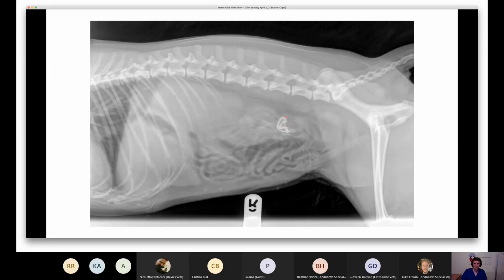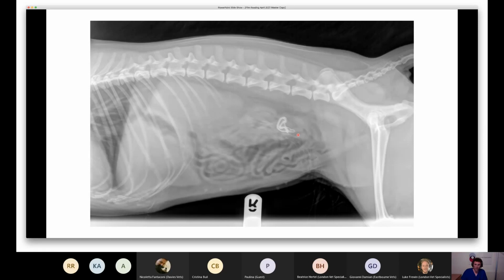I mean, it's almost more opaque than the bone. So it's getting towards being as opaque as barium or having a metallic opacity. And that's because that's the contrast that's been included in the swab to make it really obvious on radiographs. So that's pretty typical of a swab that's been left in the abdomen and a gossipiboma.